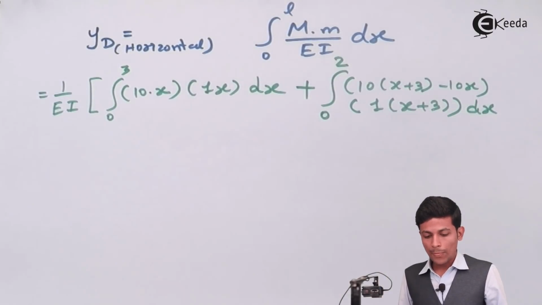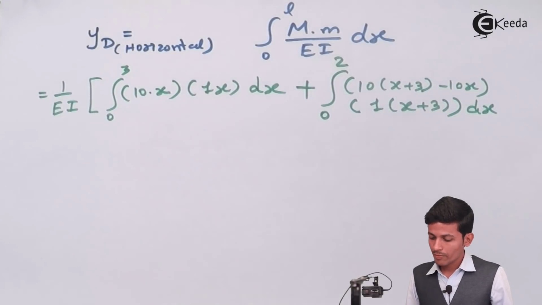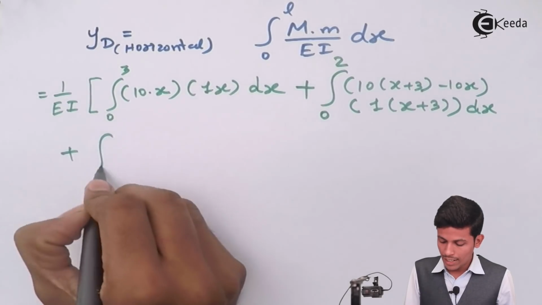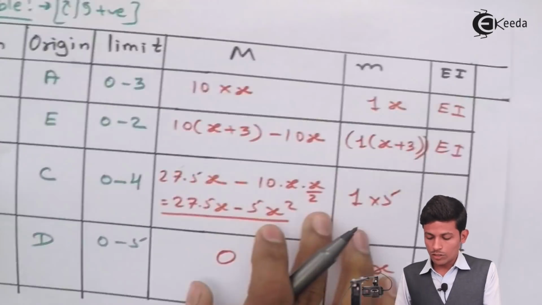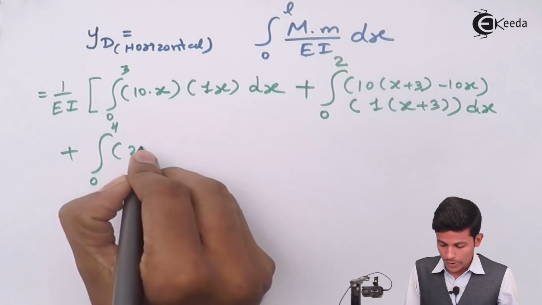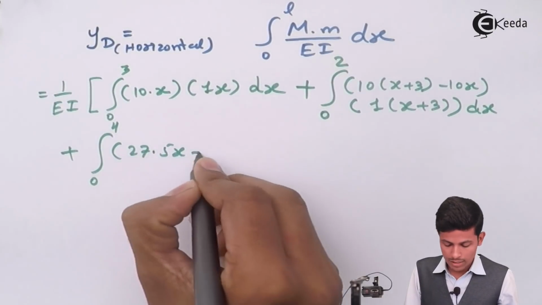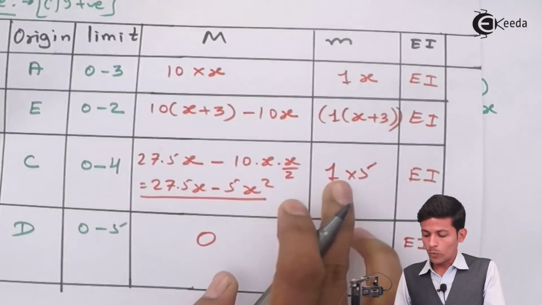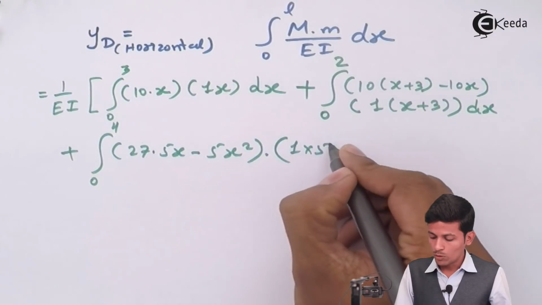After that, plus integration 0 to 4. Now this value 0 to 4 will come in one bracket, 27.5x minus 5x square, and into small m will be 1 into 5, so 1 into 5.